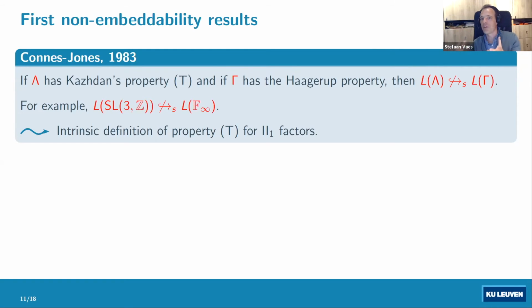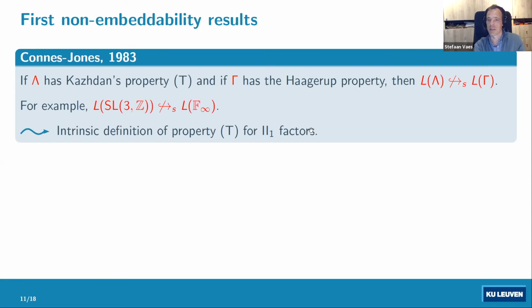Now, there are many variants of this basic idea, and one of them, due to Alain Connes and Vaughan Jones, shows that if Lambda is a group with property T, say SL_3 Z, while Gamma has a flexibility property that was introduced by Uffe Haagerup, the so-called Haagerup approximation property, think of a free group, then actually it's impossible to embed L of Lambda even into an amplification of L of Gamma.